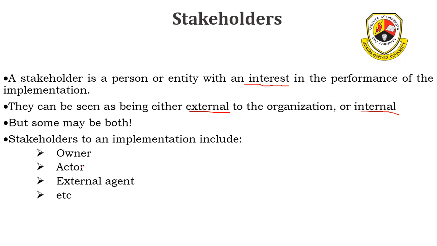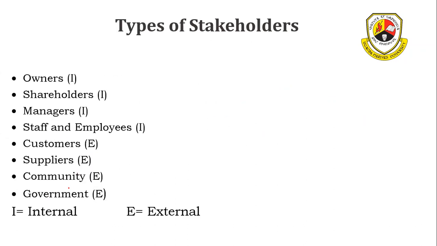Examples of these could be the owners, the actors, those who are within the organization, an external agent. We're going to discuss this in detail. So in this slide, we see a detailed categorization of stakeholders, what we would normally see in any organization.